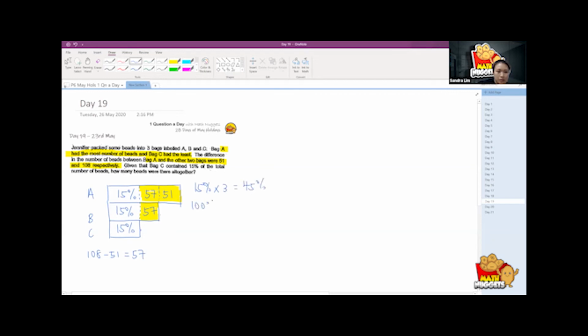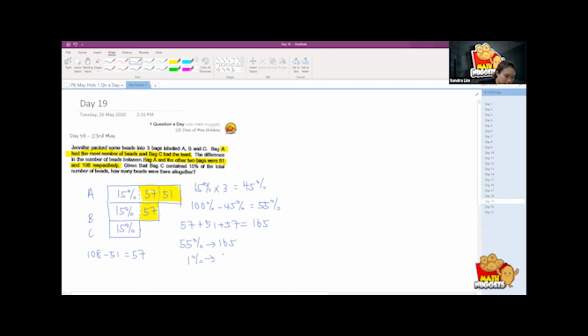So 100% minus 45%, 55%, meaning the yellow color parts. 57, 51, and 57, they add up to 55%. So what's 57 plus 51 plus 57? It's 165. So 55% is 165.